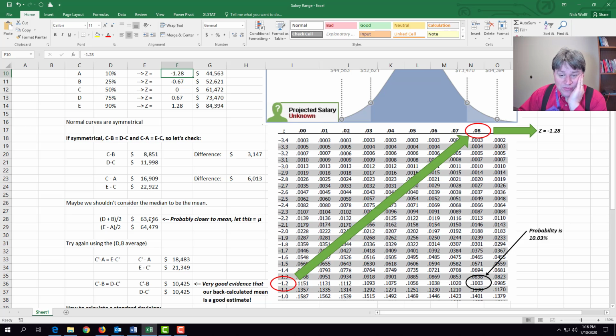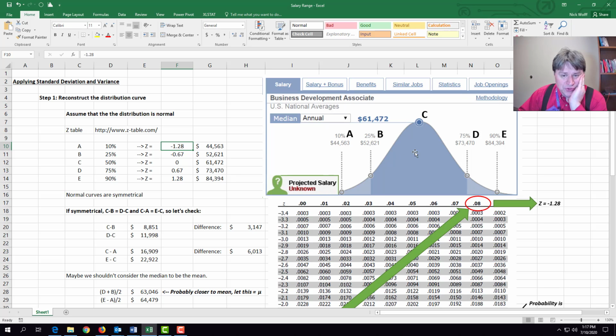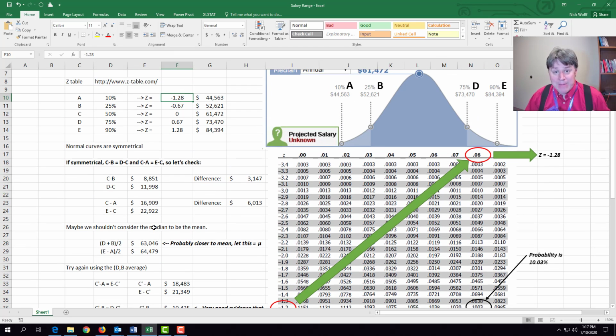And again, as I said before, A and E are probably more the outliers. So if you stay within the central zone between D and B, that's probably a better measure, a more common one. There are fewer outliers in that area. So if you take the average between those two numbers, that's probably a better estimate of the mean. Okay.